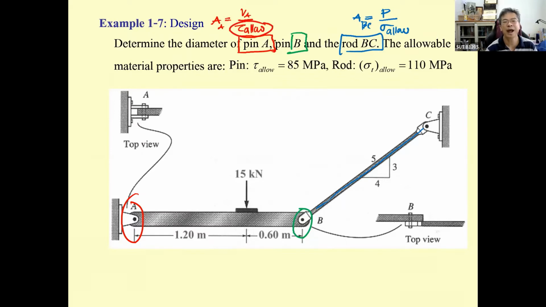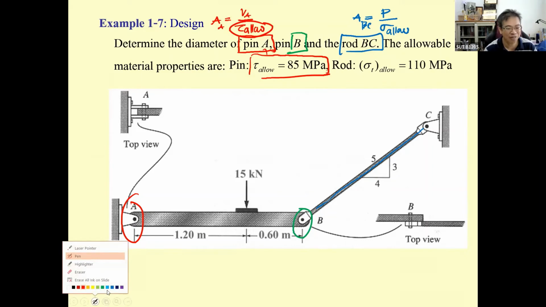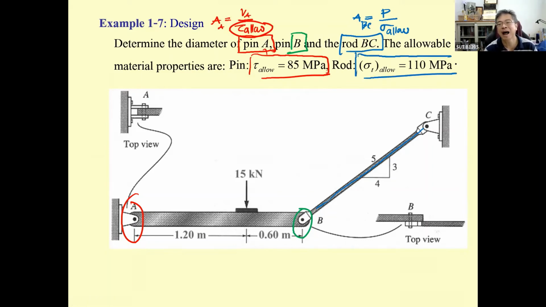The tau allowable is 85 megapascal. They provide you directly, and for this one, the sigma allowable is 110 megapascal. You can use this sigma allowable to determine the area of rod BC, the same as the B.